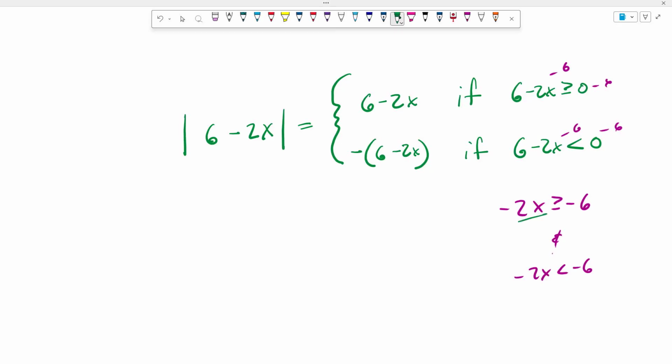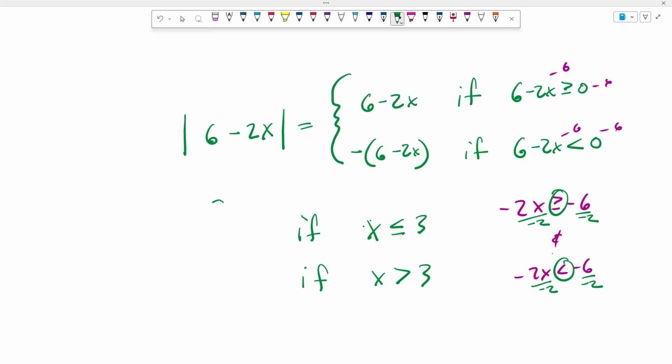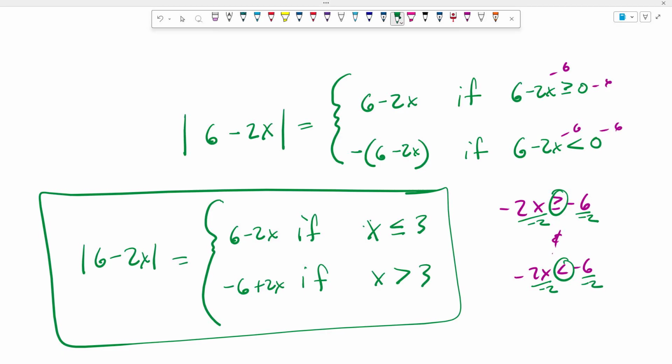When we divide by -2 here, gotta flip. You get that? Yeah. Okay.